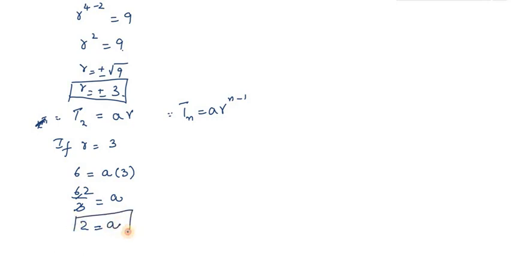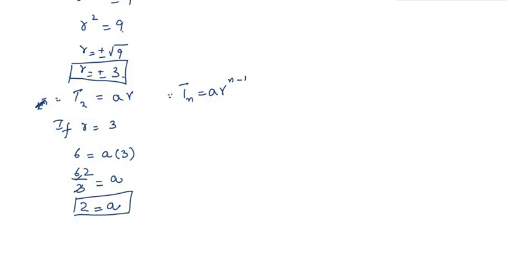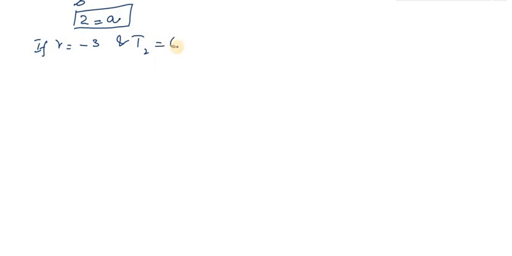The value of A is 2 and the value of R is plus 3 and minus 3. And if we put R is equal to minus 3, and the second term is given in the question as 6.